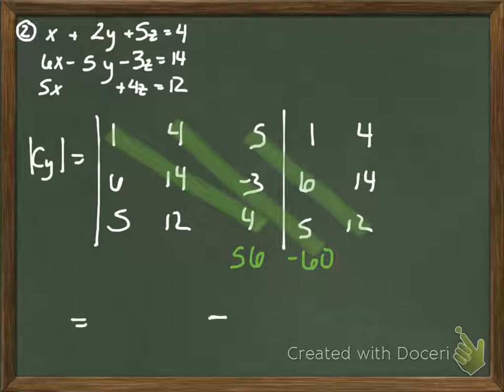And 5 times 6 times 12. And so that gives us our downs total of 356.